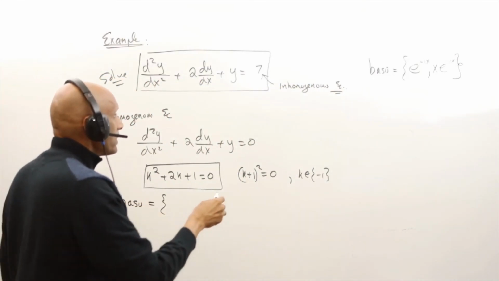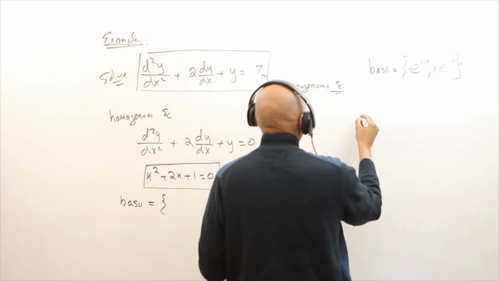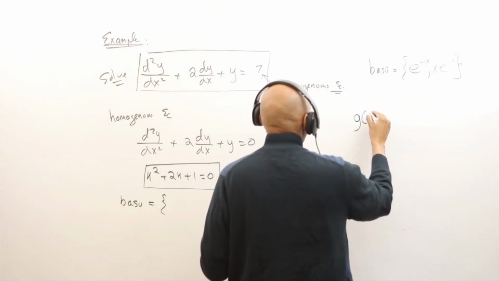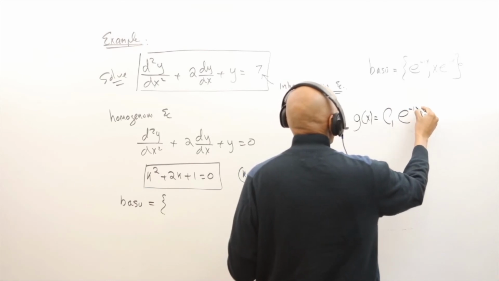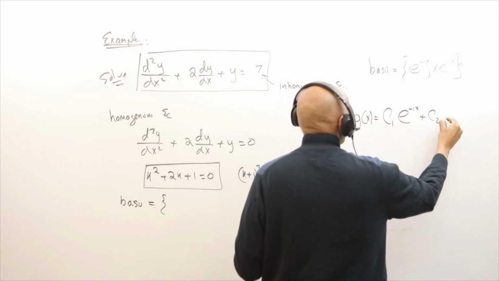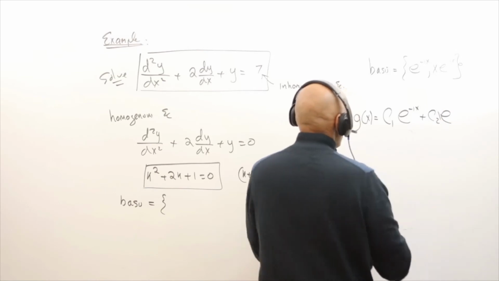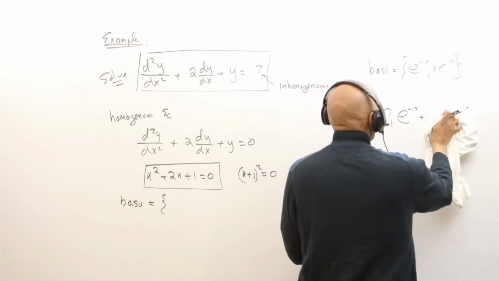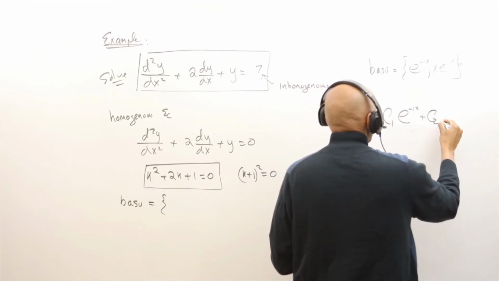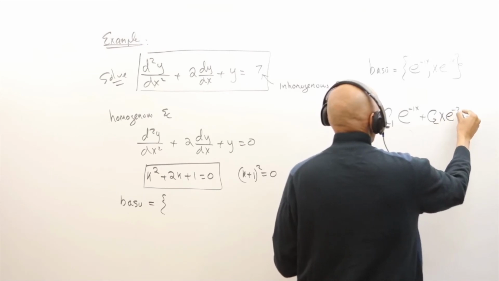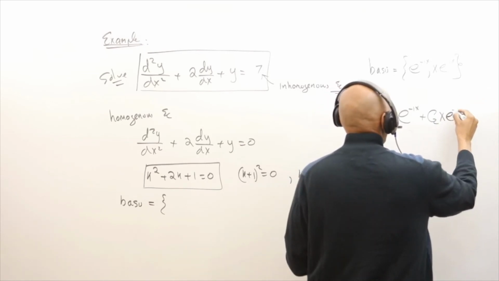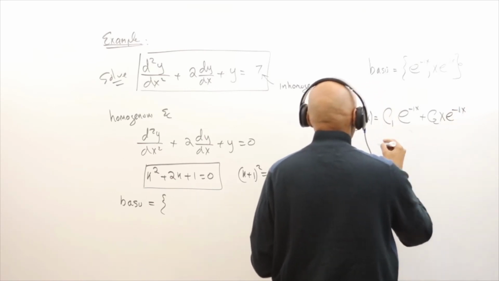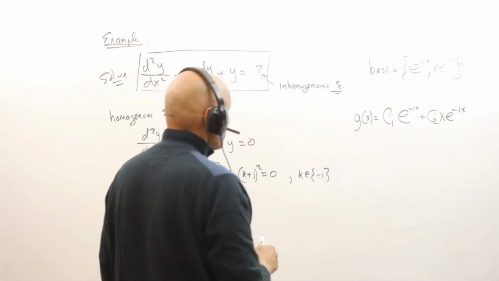So we know what g at x is. If g at x is the solution for the homogeneous equation, we're expecting a constant c1 e to the minus 1x plus c2, oops, I forgot the x, so let me erase that, c2 x e to the minus 1x. So that's g at x.